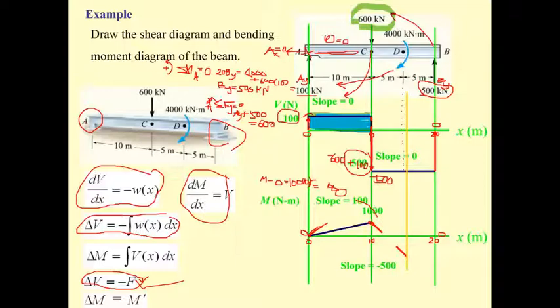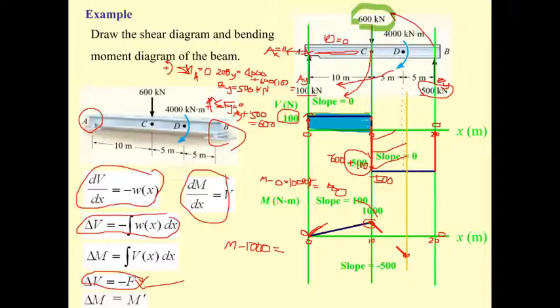So we get this. And what is going to be the value of moment here? Again, it's going to be M, and then it's going to be minus 1,000. Okay, minus 1,000.